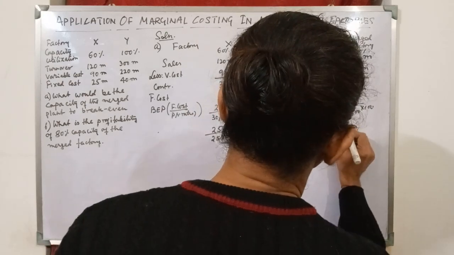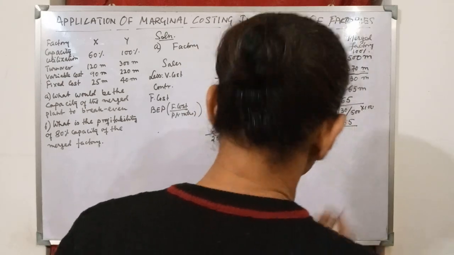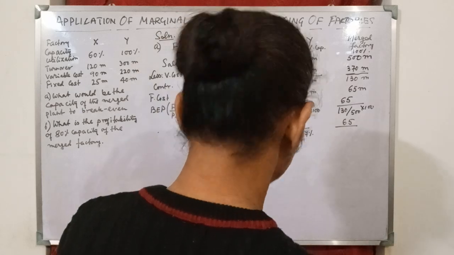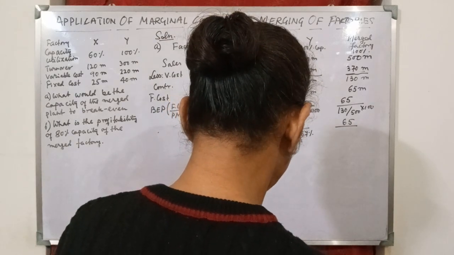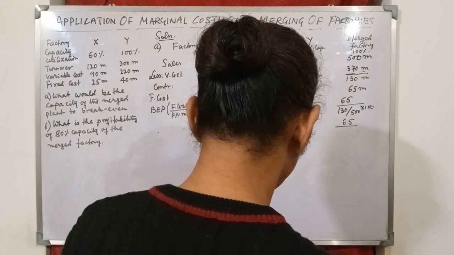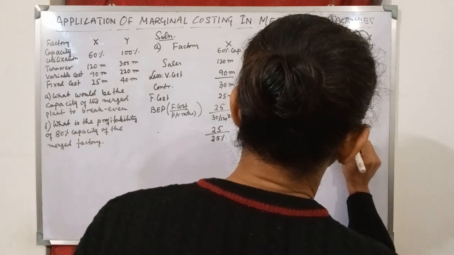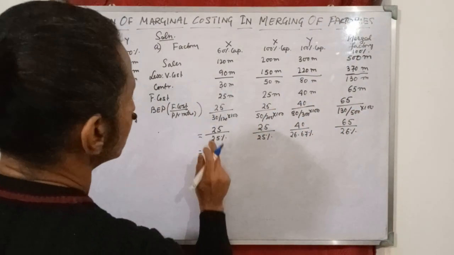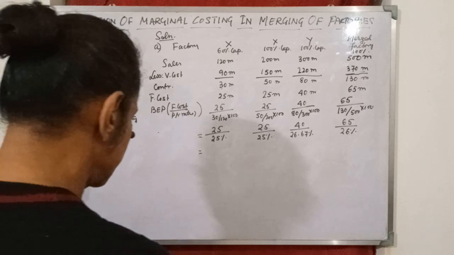And here 65 divided by 130 over 500 into 100, so we get 26%. So this is 25, 26.67 and 26%.